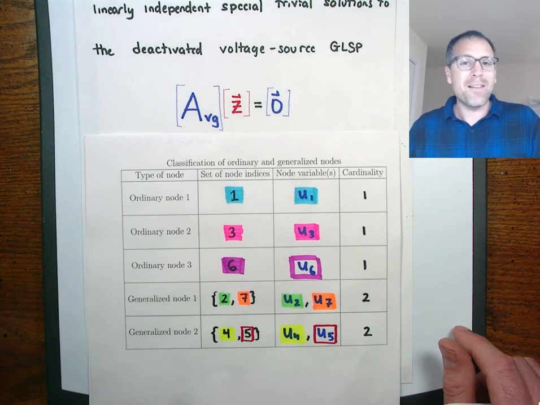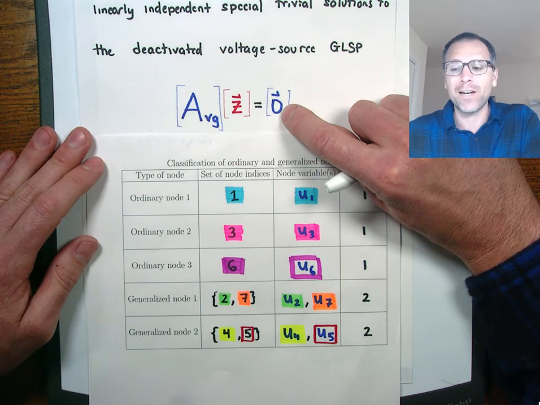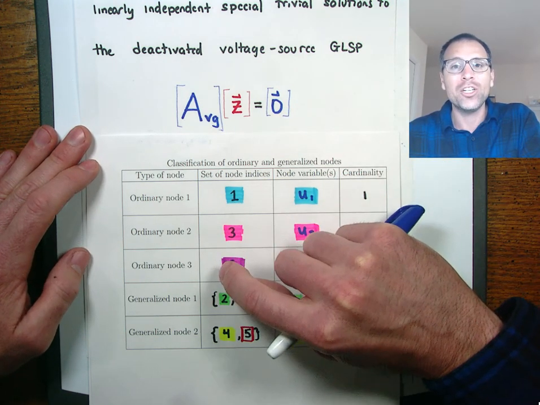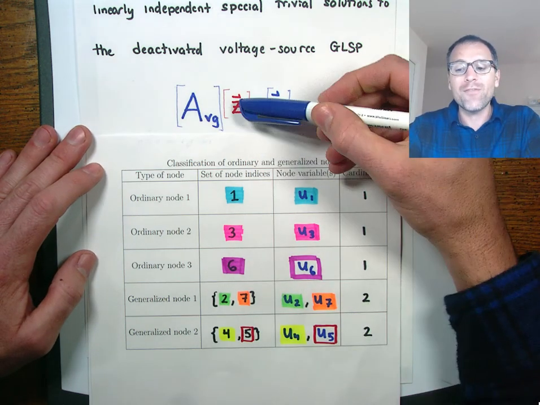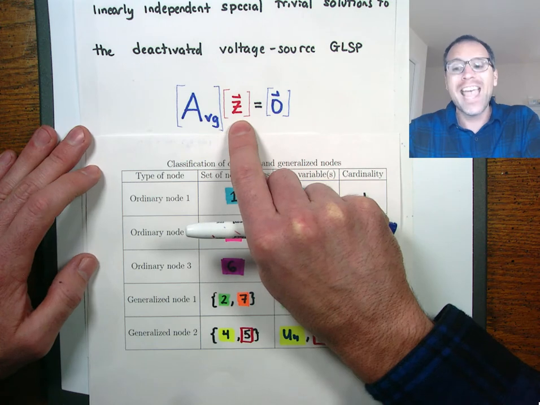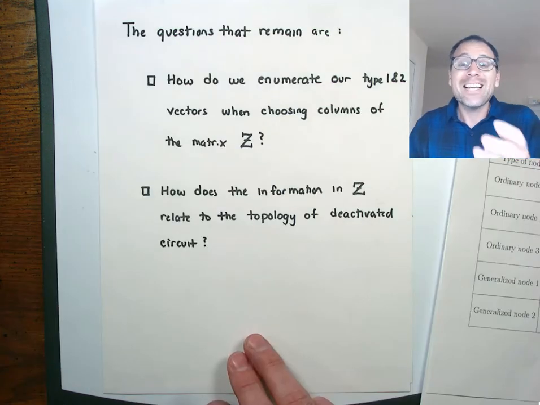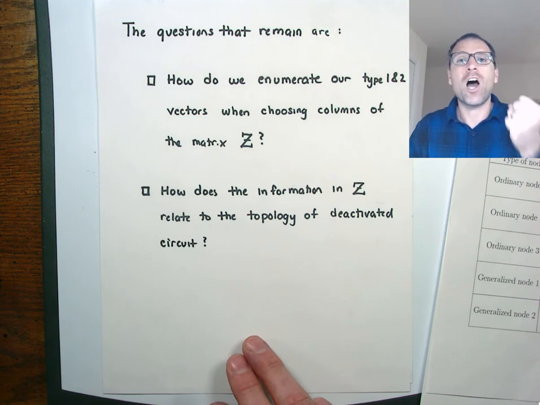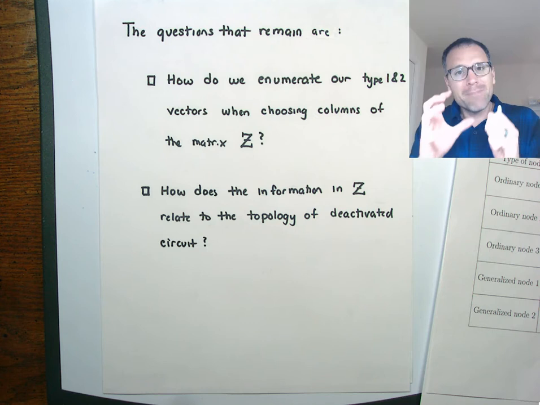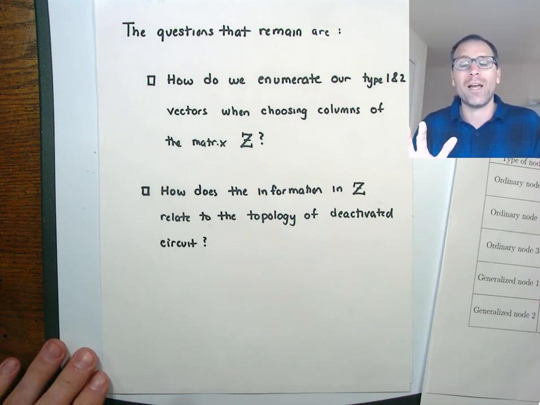With that in mind, the deactivation heuristic allowed me to set that right-hand side vector to 0, and then identifying the ordinary and generalized nodes really give me some very, very special information about what any trivial solution to the homogeneous linear system should look like. But this has real meaning when we think about eliminating unknown variables to get down to this minimal set of variables that allowed me to solve for all other circuit variables in my entire network.